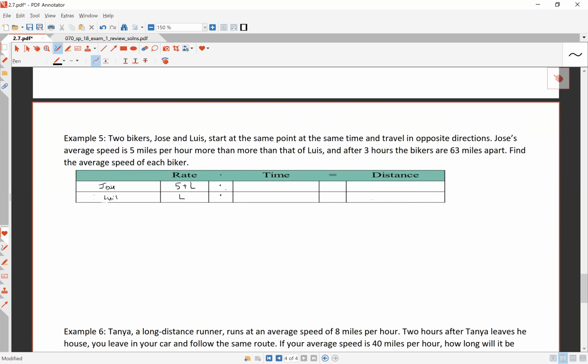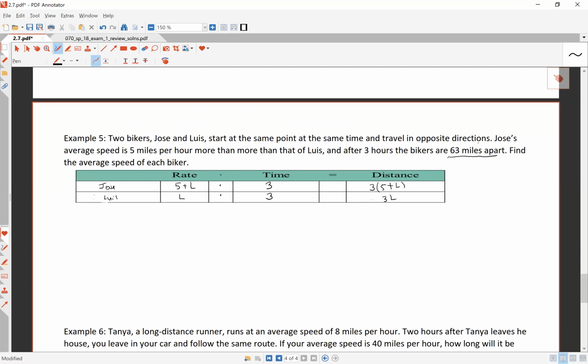Times the time they travel, and they're both going to travel for 3 hours. And then that gives us the distance that they've traveled. Jose's traveled 3 times 5 plus L. Luis has traveled 3 times L. And if you look back up in the problem, there's one number that we haven't used yet: the fact that the two bikers are 63 miles apart after 3 hours.